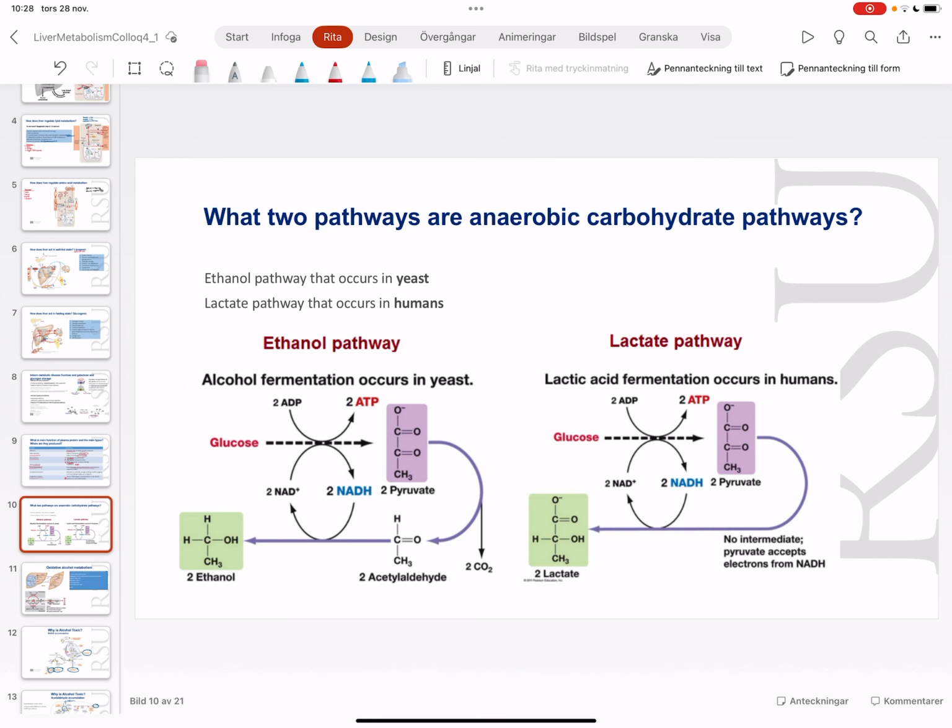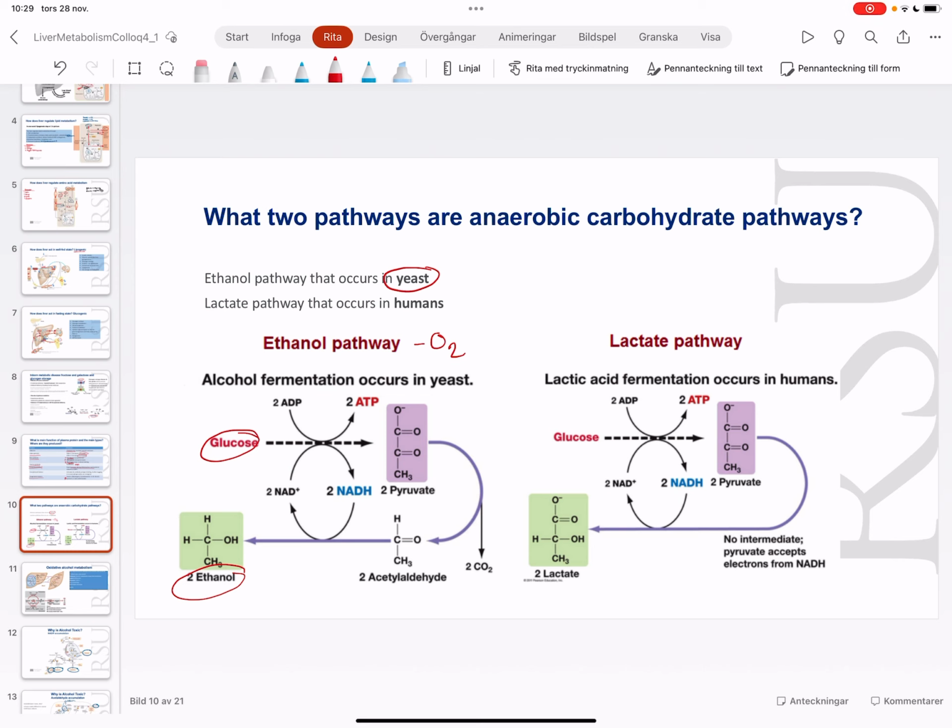Now we're going to talk more about alcohol. But first and foremost, what two pathways are anaerobic carbohydrate pathways? We have the ethanol pathway and the lactate pathway. The ethanol pathway can only happen in yeast, and that is when glucose is converted to ethanol. This is minus oxygen.